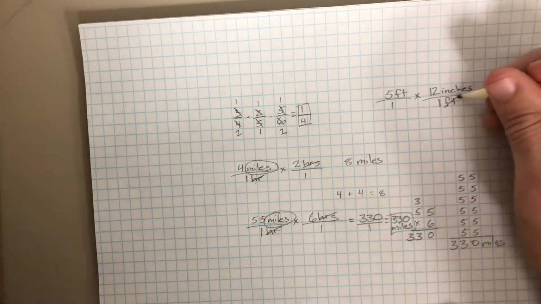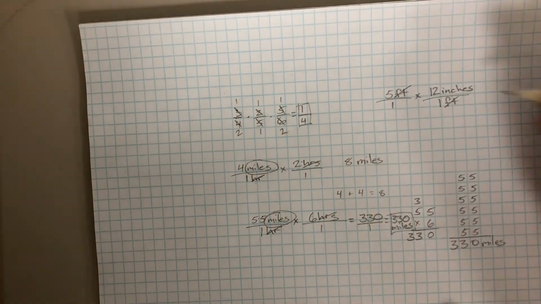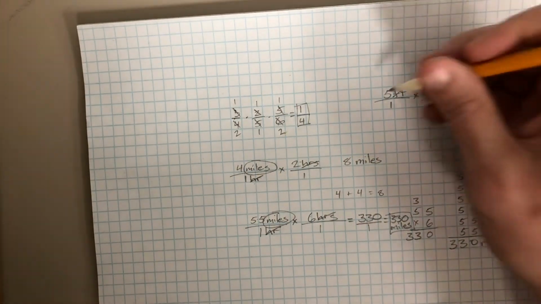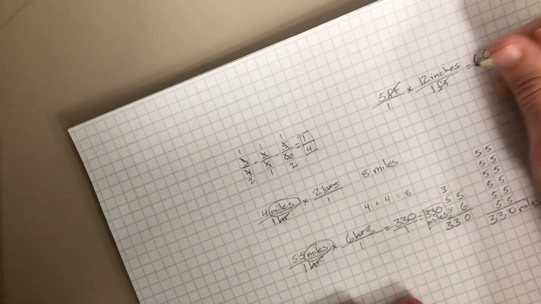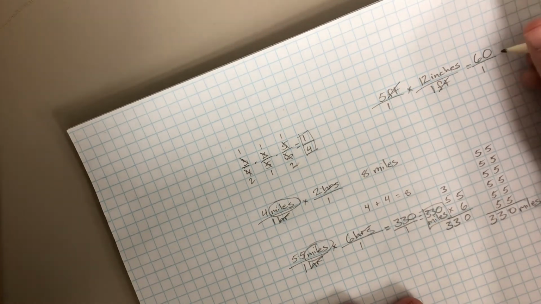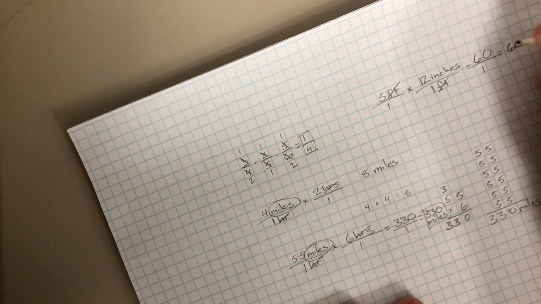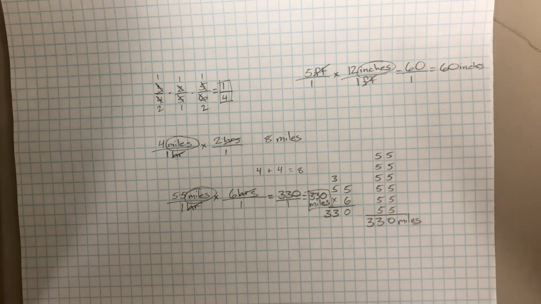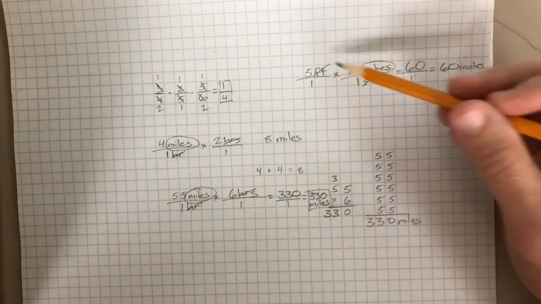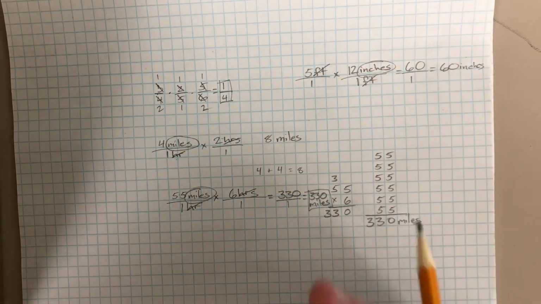I can cancel feet and feet, and then I'm left with the label of inches. 5 times 12 is 60. 1 times 1 is 1, so 60 over 1 is 60, and the label that I have is inches. All right, so we're canceling out the labels here.